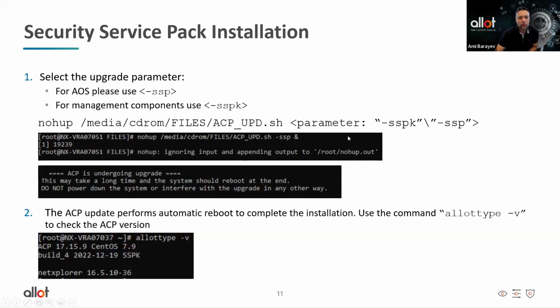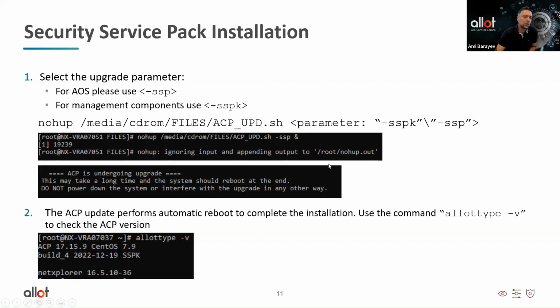So for those who are going to do it in the field, once you launch the ACP upgrade script, you will need to use the parameter either SSP or SSPK. SSPK means with kernel packages, and the SSP without the K means that it basically covers everything.